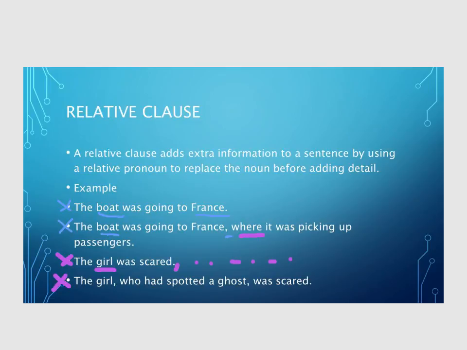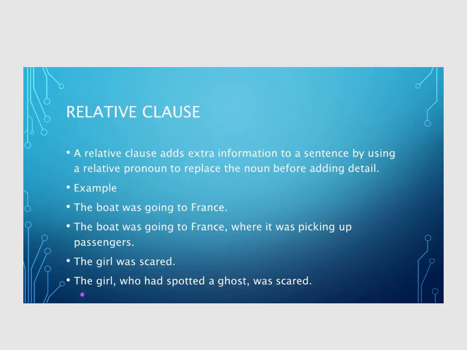Instead, in this sentence here below, I've still got my original sentence, the girl was scared, but I've slotted the relative clause, the extra information, into the middle of the sentence. So the girl, comma, who had spotted a ghost, comma, was scared.